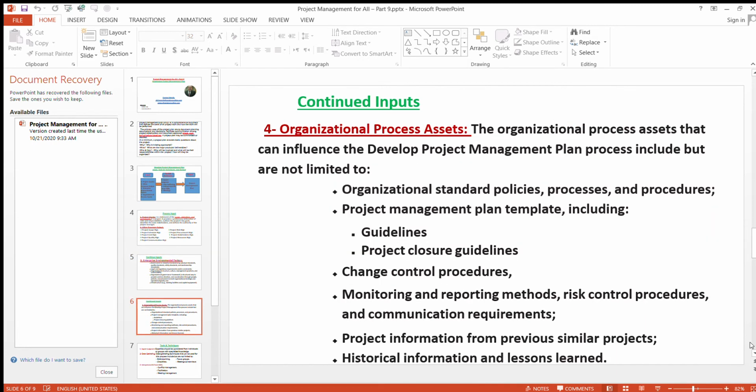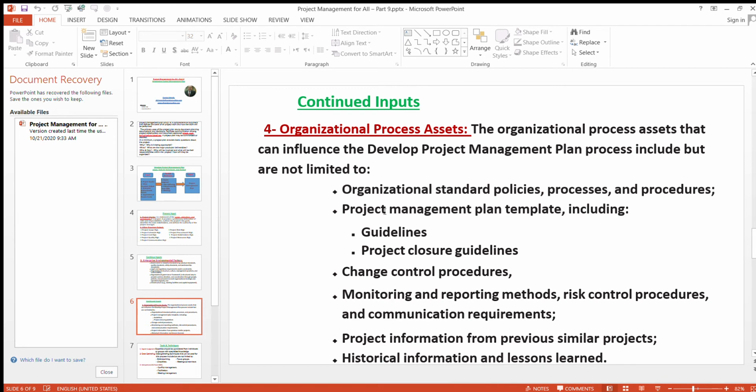The fourth and last input to this process is the organizational process assets. These are the assets that can influence the developed project management plan. They are the following: organizational standard policies, processes, and procedures, which are specific to this organization.